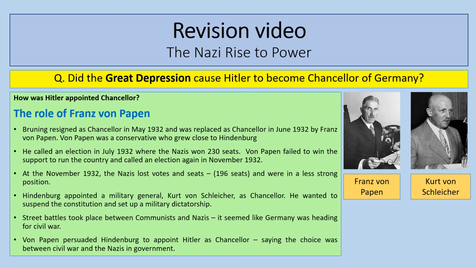And it was within this climate that Franz von Papen persuaded Hindenburg to appoint Hitler as Chancellor, saying that Hitler needed to be brought into the government so that they could somehow control him. And Hitler was very much underestimated as a politician at that time. There was a belief that if Hitler was brought in, that he could somehow be controlled, and he was better sort of inside the tent, if you like, than outside. And that was certainly the idea of Franz von Papen, and he worked hard to persuade Hindenburg, who had been very reluctant to appoint Hitler as Chancellor.